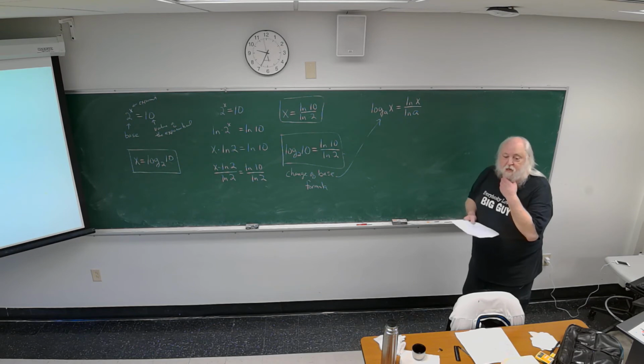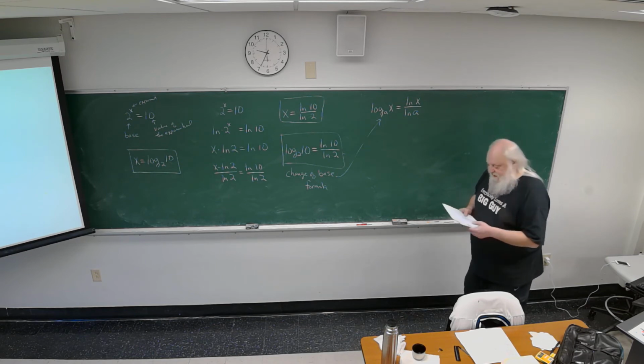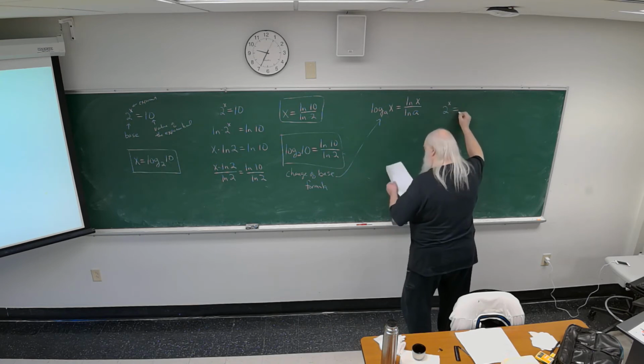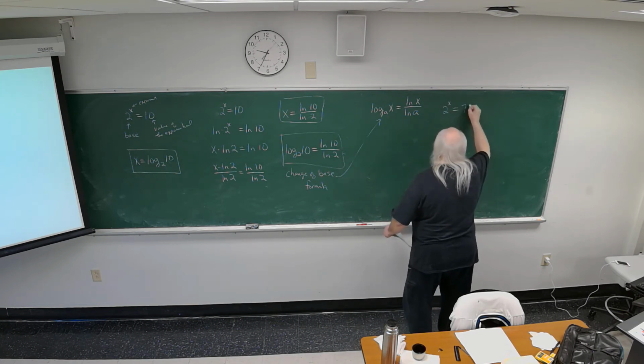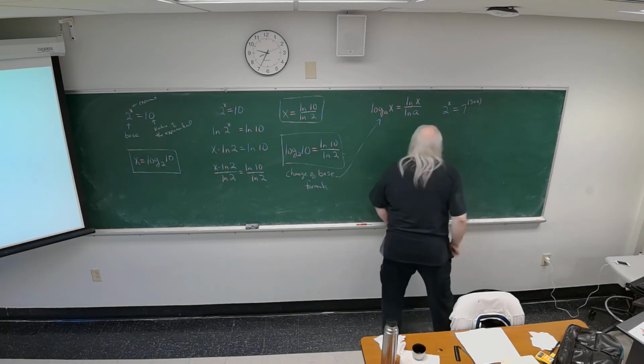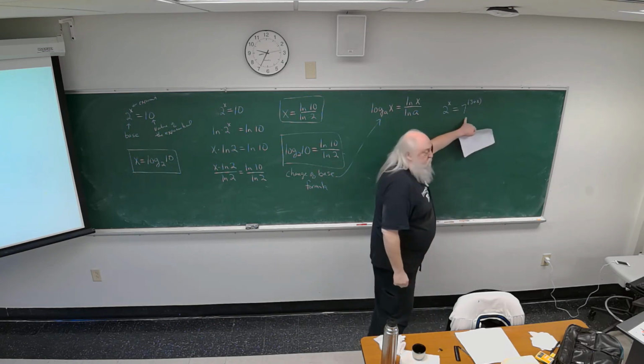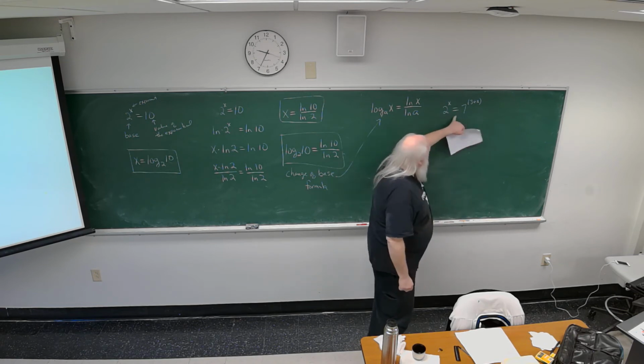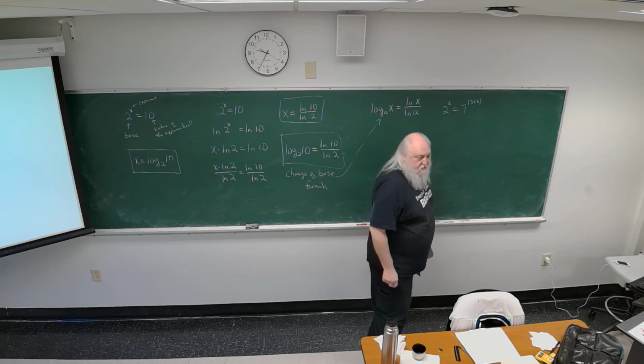Any questions on that? All right, in C, we have 2 to the x is equal to 7 raised to the 3 plus x power. So you notice we got an exponential left and exponential right with different bases, but we cannot rewrite these with the same base.